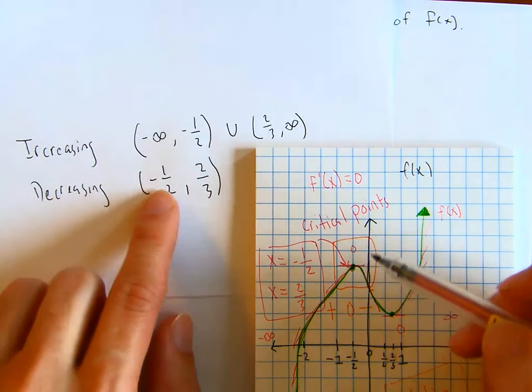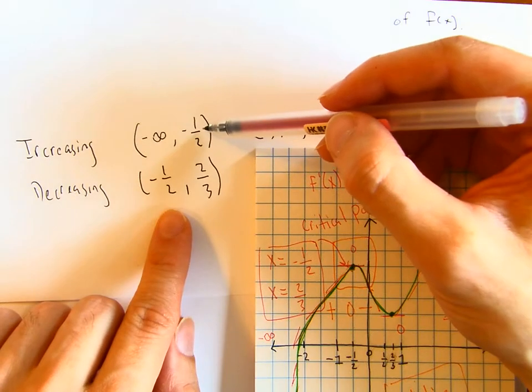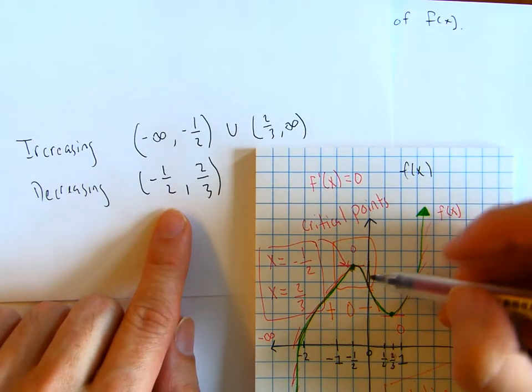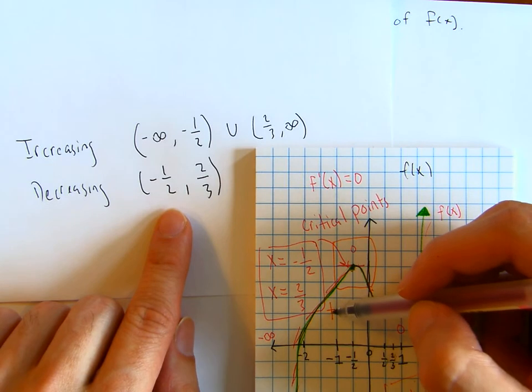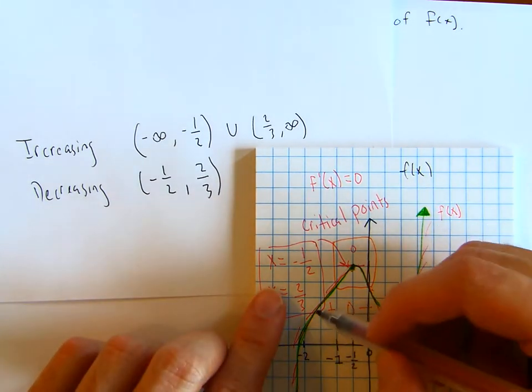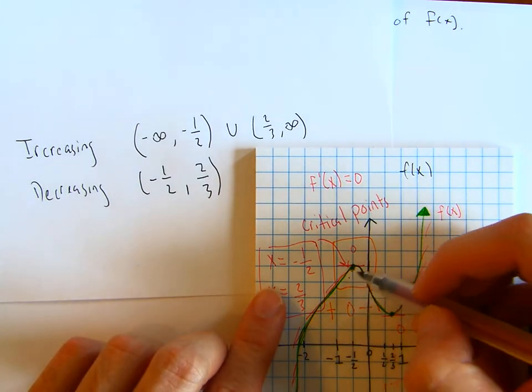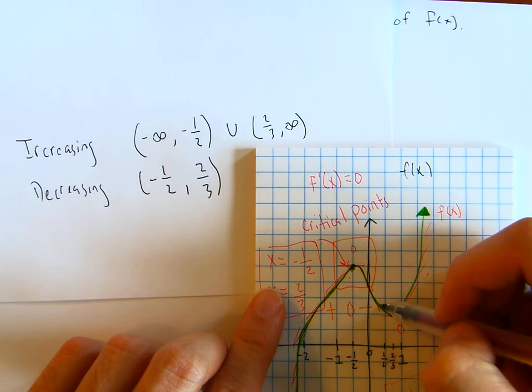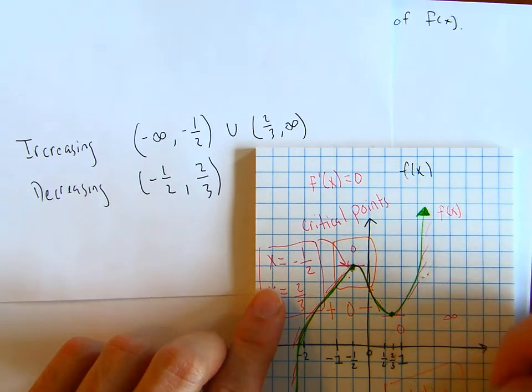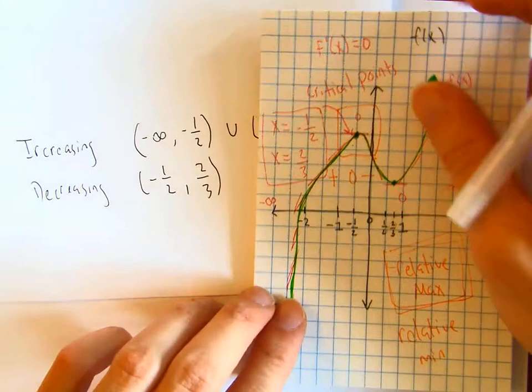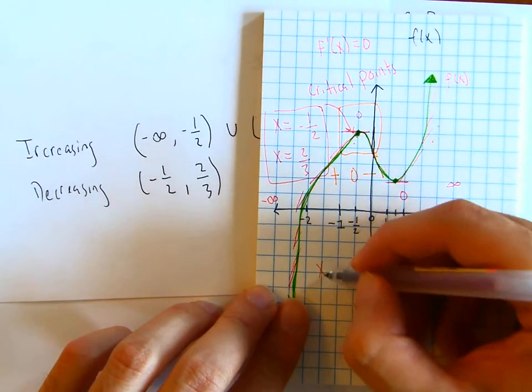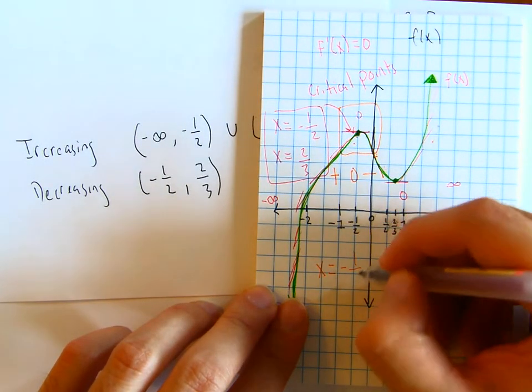After negative a half, it starts decreasing. The second you have the tangent lines going from positive to negative, there has to be a relative max. So we know our relative max is at x equals negative a half.